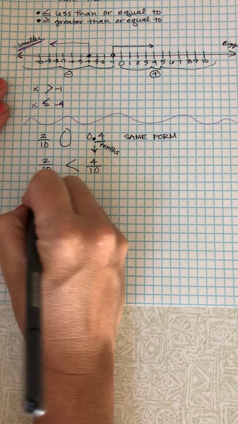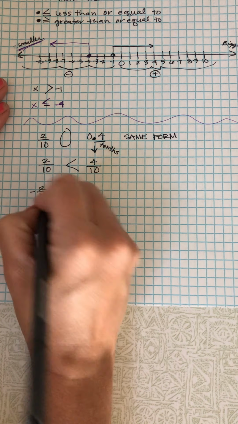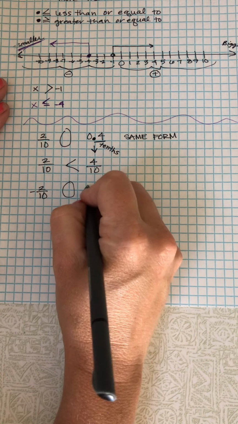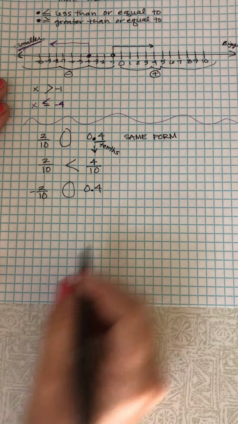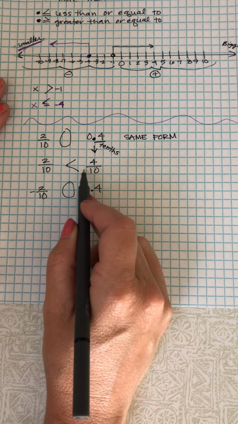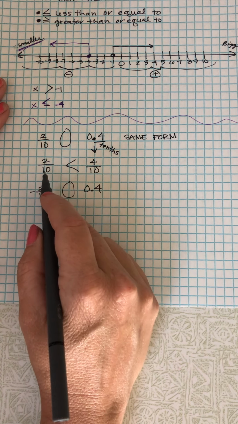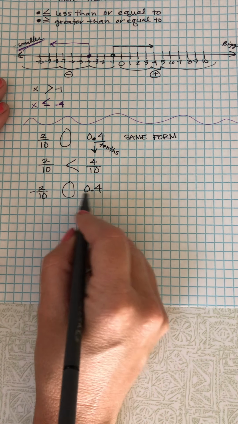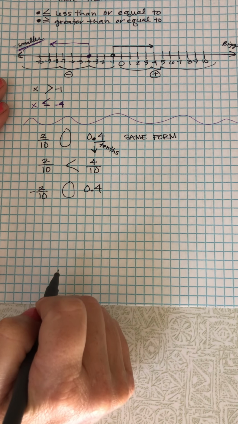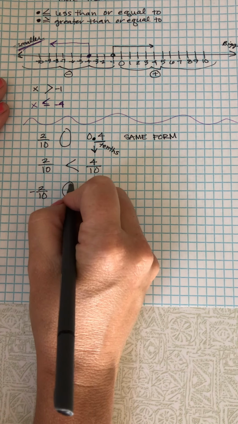Now what happens if I make them negative? Let's say I make just the first one negative. Negative 2/10 compared to 0.4. We already know that 0.4 is the same as 4/10, and 4/10 is bigger than 2/10. But is 4/10 bigger than negative 2/10? I hope you said yes.